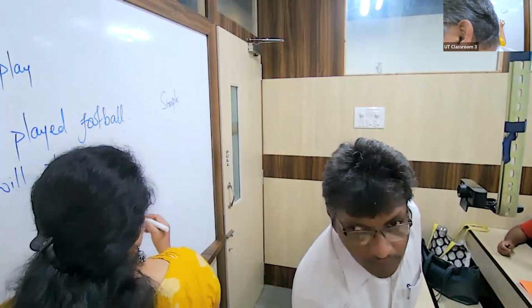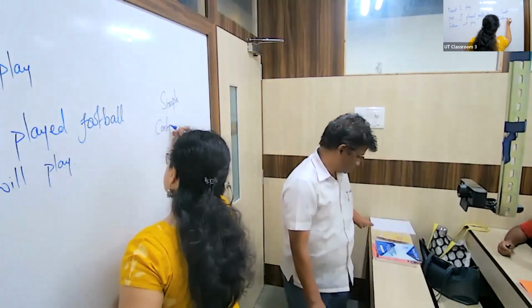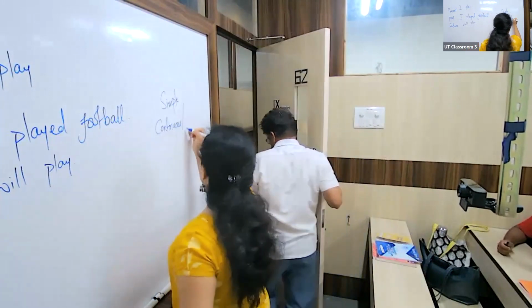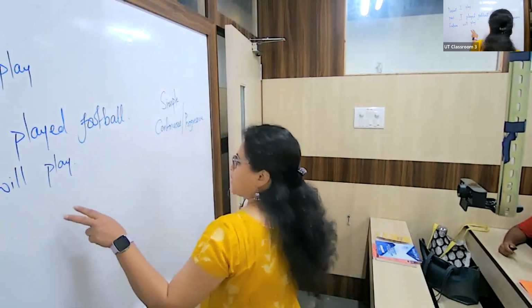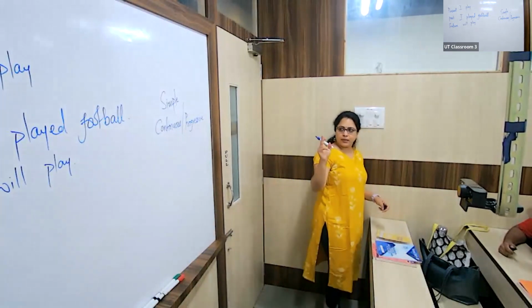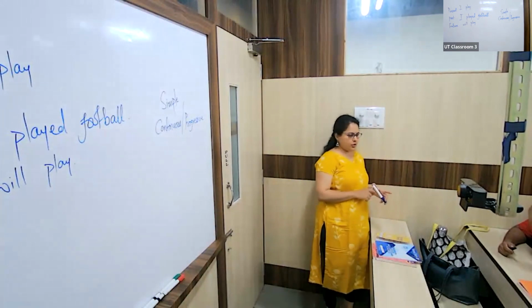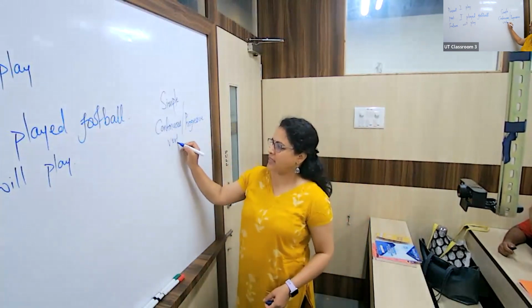After simple, you have something called continuous. Continuous is also known as progressive. How will you change this sentence, simple to present continuous? I am playing. Very good. Continuous, always remember verb plus ing.